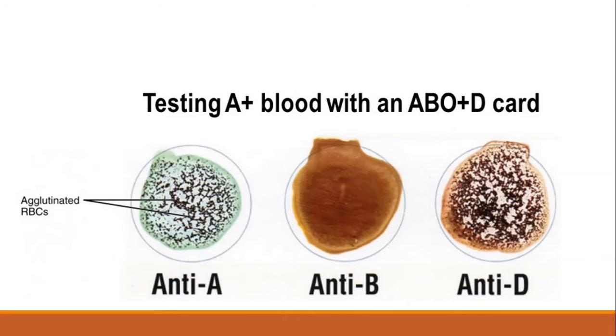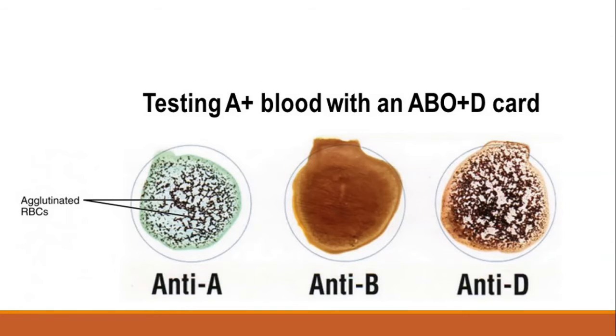If a person is RH positive, he or she does not have anti-D antibody. And if a person is RH negative, he or she has anti-D antibodies in their blood.